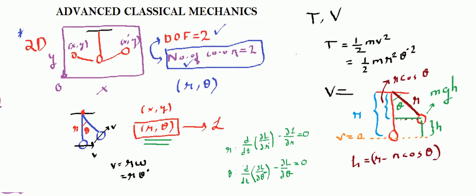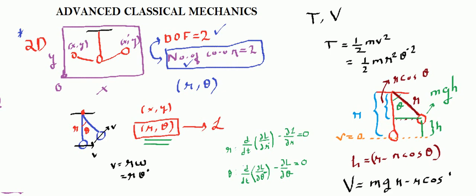So what is the potential energy in the case of a pendulum? Let me write it down. We know that the potential energy is mgh, but since here h is r minus r cos theta, the potential energy in the case of a pendulum is mg(r minus r cos theta).